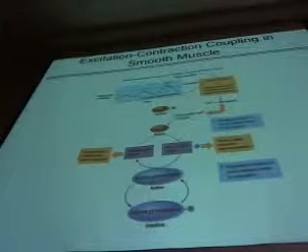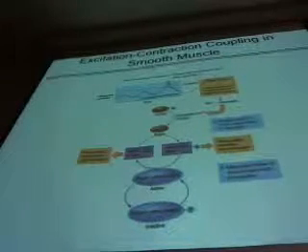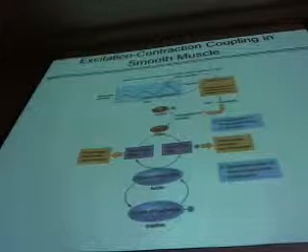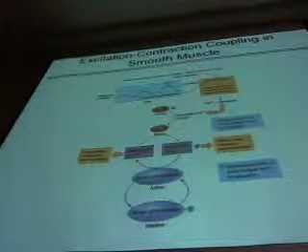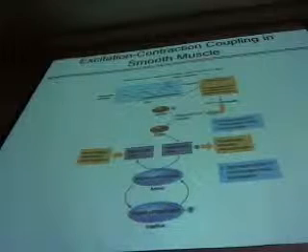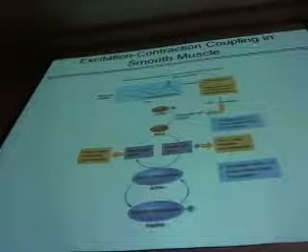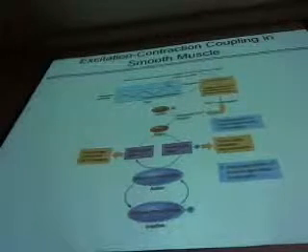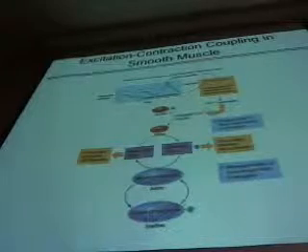It phosphorylates the myosin, you get your cross bridges, and you get your contraction. If you have less calcium, you have less contraction. Again, it's a graded reaction.